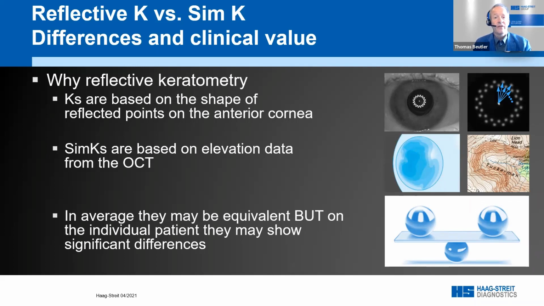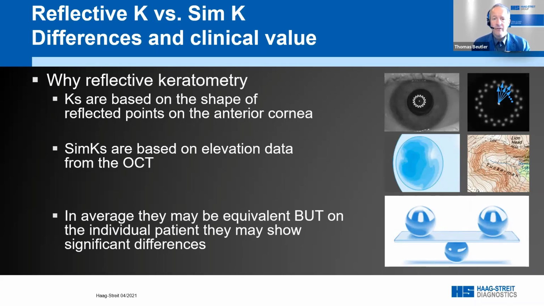And these are of high quality. That's also correct. But it's a different way of measuring the corneal curvature. If we compare reflective keratometry to simulated keratometry from the OCT, we have to consider that the baseline information of these two modalities is inherently different.